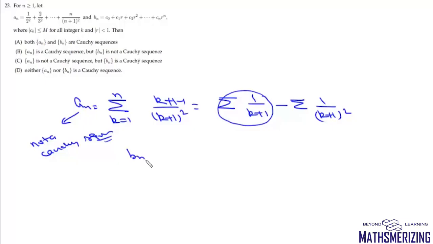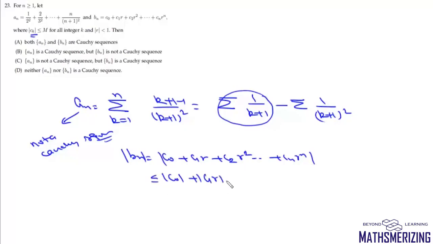Now what about Bn? We are given Bn as C0, C1 r, C2 r square, up to Cn r to the power n. Now we'll take the mod sign, and it will be less than mod of C0 plus mod of C1 r plus mod of C2 r square, up to mod of Cn into r to the power n. Now any Ck is always less than or equal to m. So it is less than or equal to m into (1 plus r plus r square up to r to the power n).